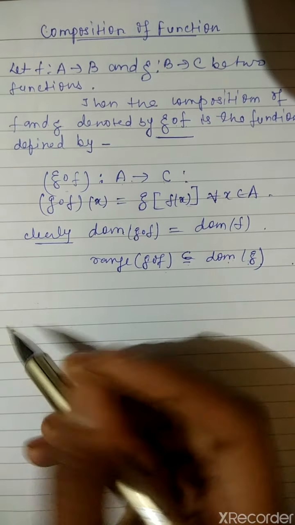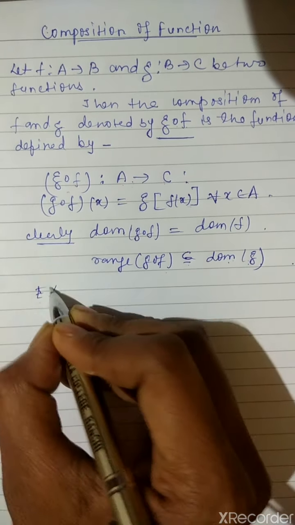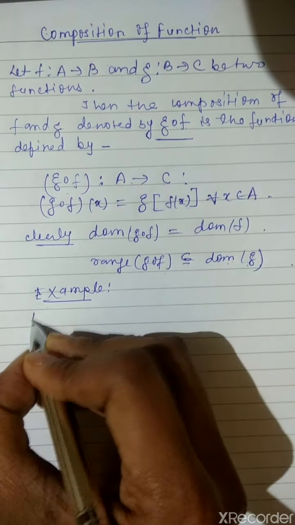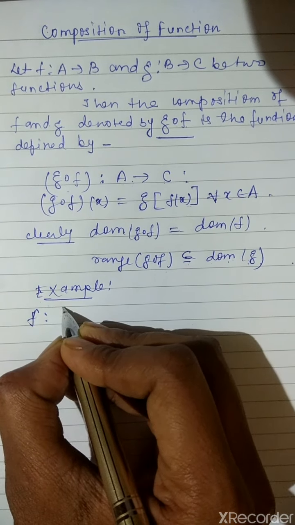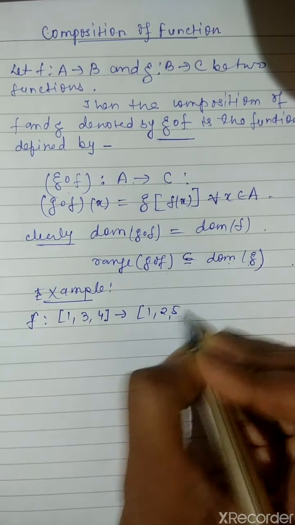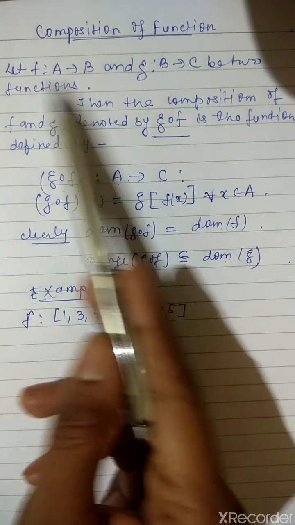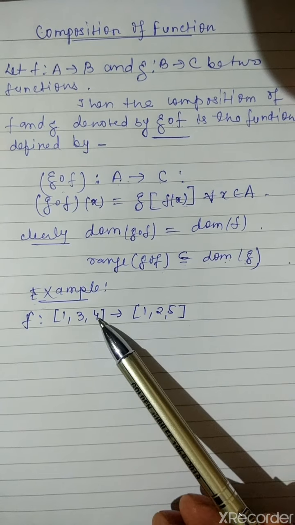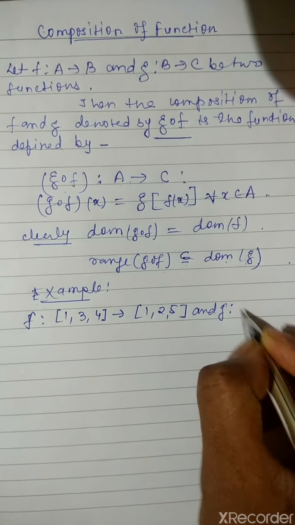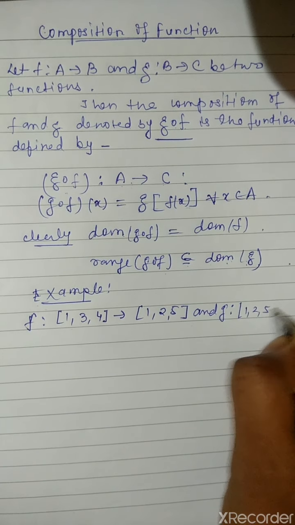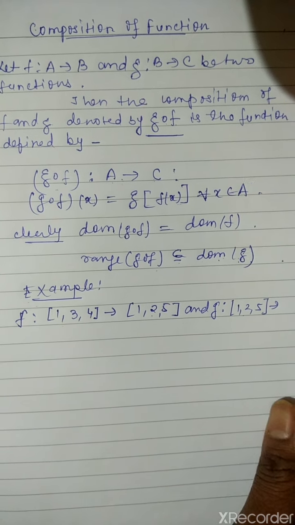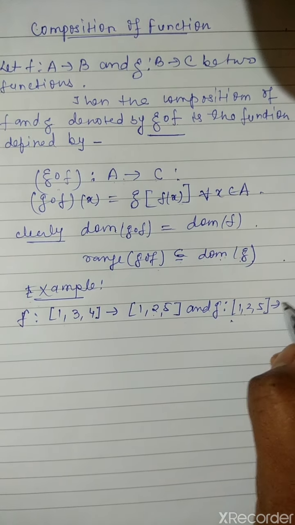Fine. So let us see an example. Let F be a mapping from the set {1, 3, 4} to {1, 2, 5}, and G be a mapping from {1, 2, 5} to {1, 3}.